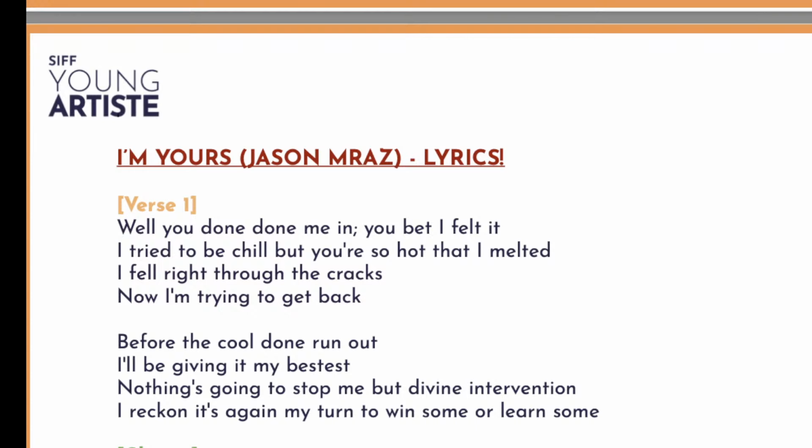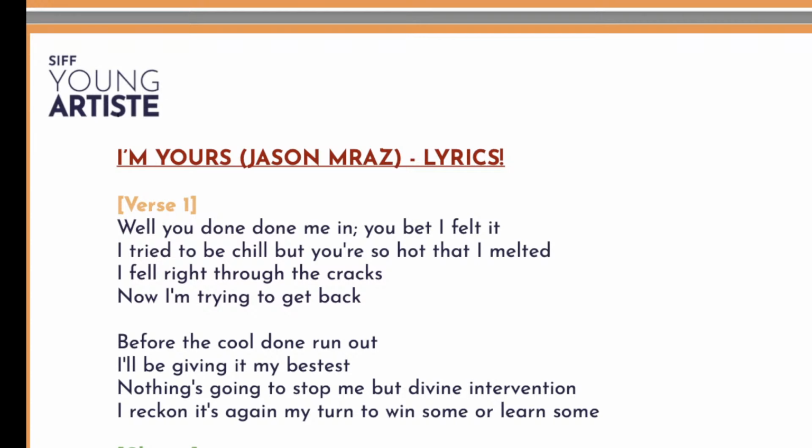So a few points to note here is the word "well you done". It's like a "well you done". It's more like a very folky country way of singing. Well, you done me in, you bet I felt it. So na na na na na na na na. I tried to be chill, but you're so hot that I melted.